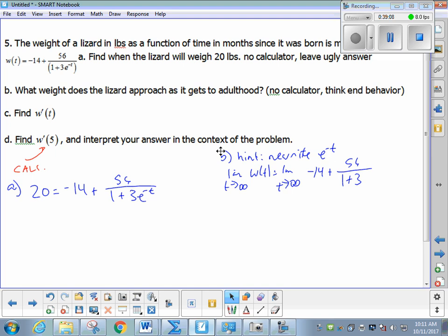If you have something hideous for part A, then you're probably doing it right, or at least on the right track.